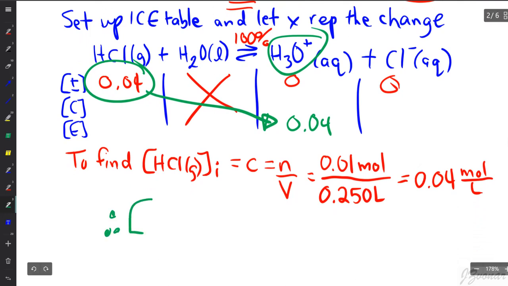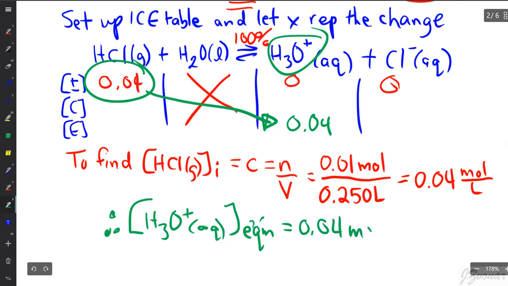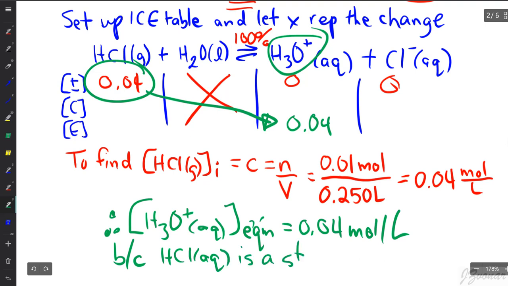So therefore, the concentration of H3O+ at equilibrium is equal to 0.04 moles per liter, because HCl is a strong acid and ionizes 100%.